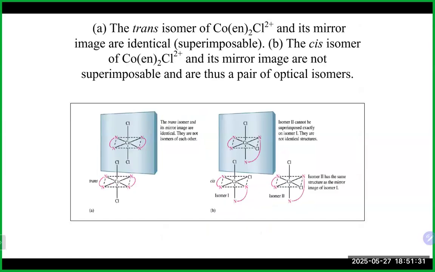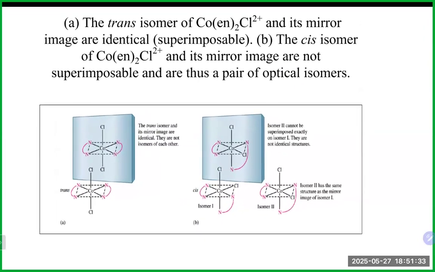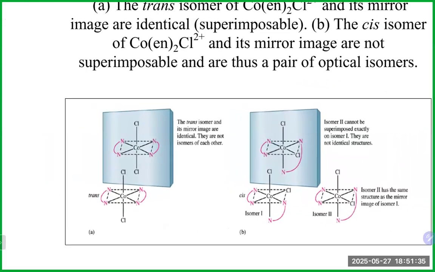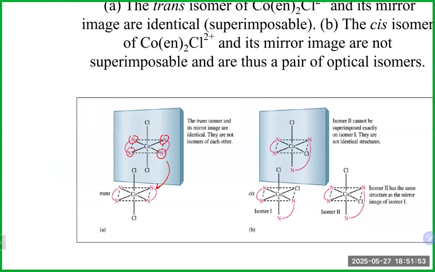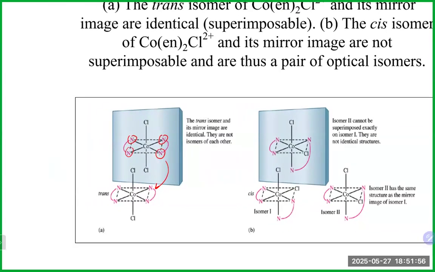Now, if you take a look at these two here, we have identical mirror images. And here, when this guy gets reflected, we actually maintain the same bonds from the mirror image to the original. So if you were to pull that out, you could sit it perfectly on top of the other one. It's going to fit perfectly. Once again, over here on our second guy, the cis, we have that transposed connection that occurs.